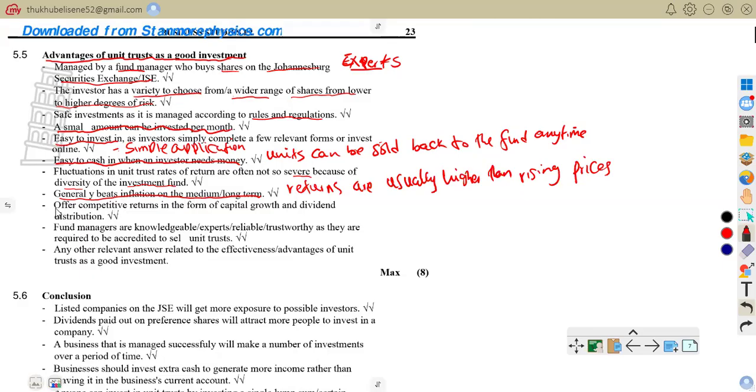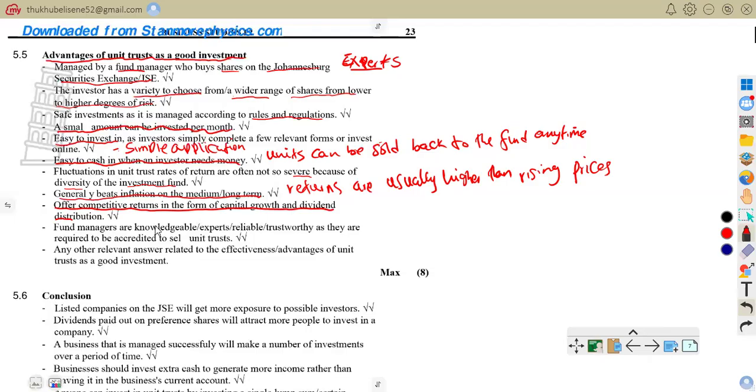Competitive returns in the form of capital growth and dividend distribution. So it offers returns better than savings accounts. You can say that it offers what?